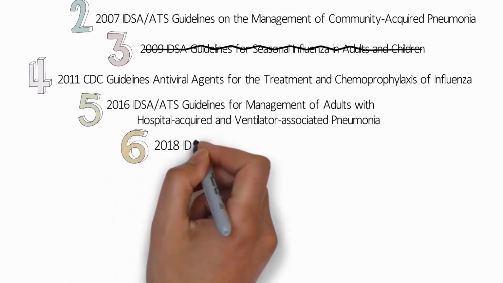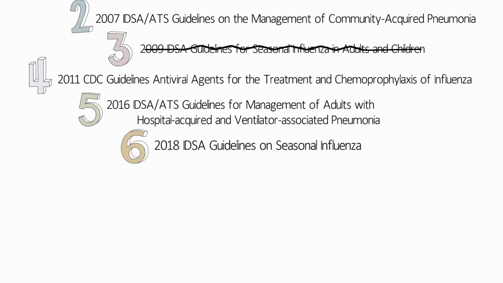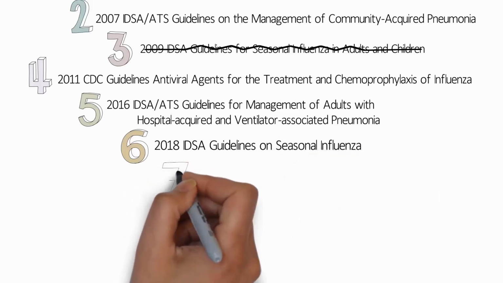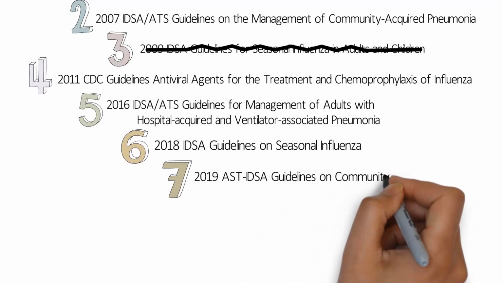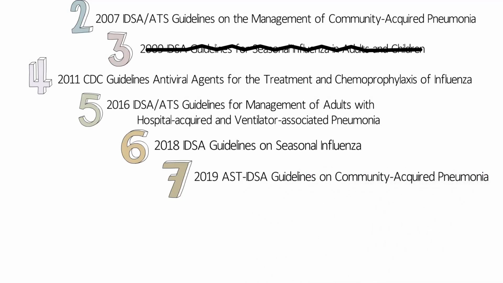There is also the 2018 IDSA guidelines on seasonal influenza that was recently published. Now, in October of 2019, after 12 long years, IDSA and ATS together developed updated guidelines for community-acquired pneumonia, which borrows some components from the 2007 guidelines. We will discuss those shortly.